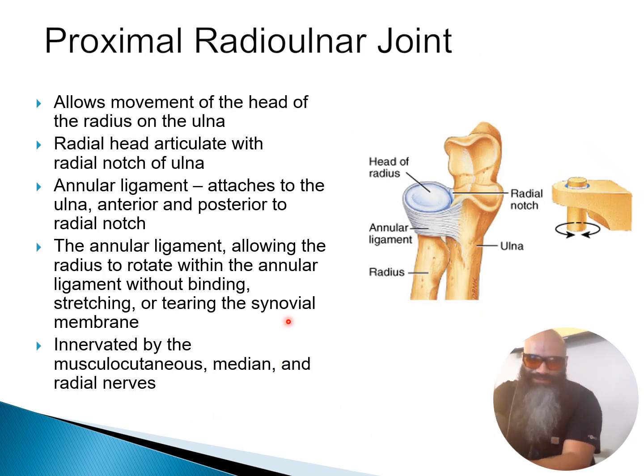All right, so your proximal radial ulnar joint, okay, that's right here. As I mentioned, here's your annular ligament. It's wrapped tightly around the radial neck. You can see the motion that it does here. So literally it moves within that region there. The annular ligament is like a little covering for it to just rotate in, and that's what allows the motion to occur.